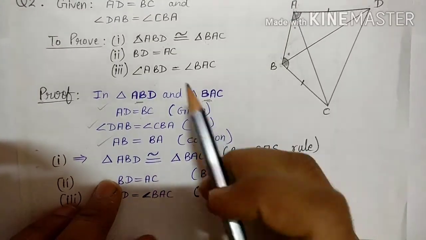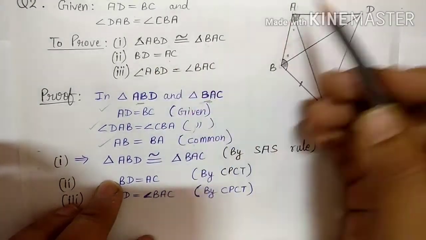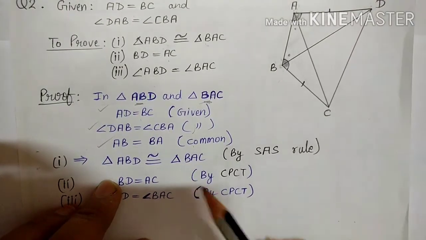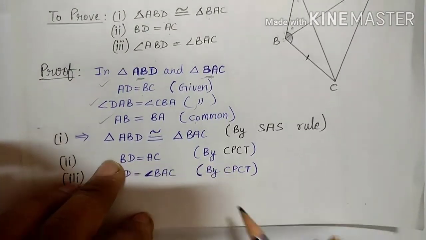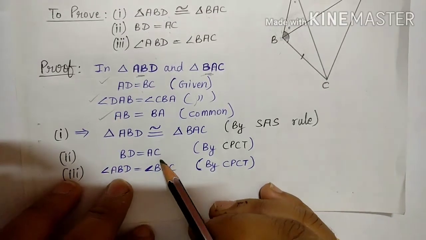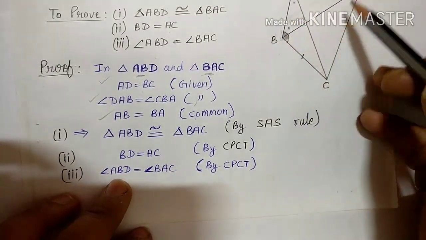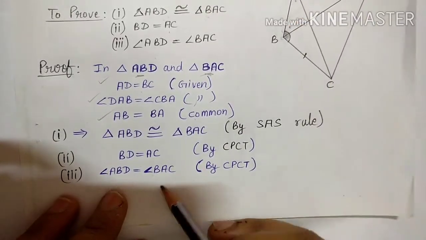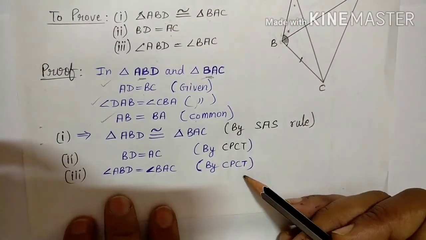Now we have to prove that BD equals AC. When triangles are congruent, their corresponding parts are also equal. So we can say by CPCT, BD equals AC, and angle ABD equals angle BAC, as corresponding parts of congruent triangles.